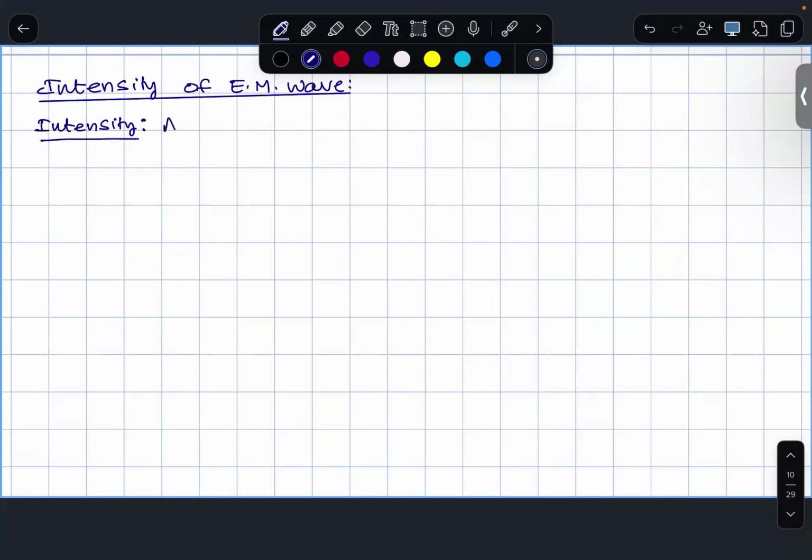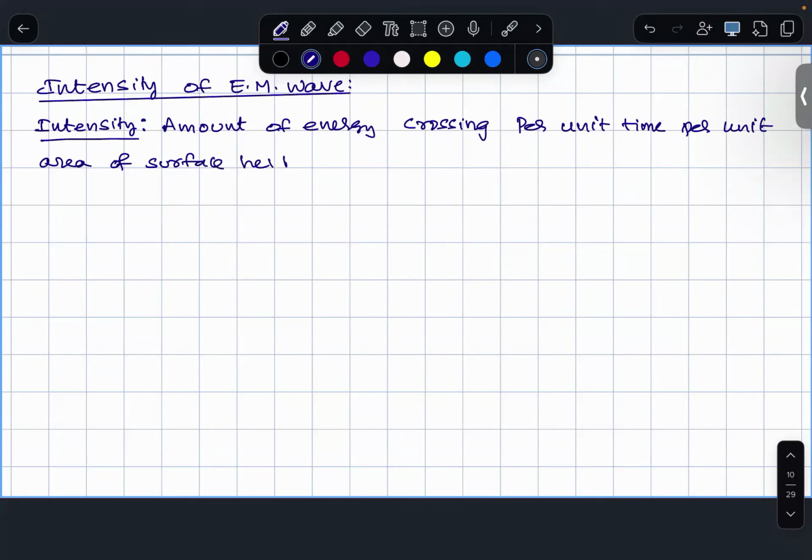Amount of energy crossing per unit area per unit time, of a surface held normally to the direction of the wave.